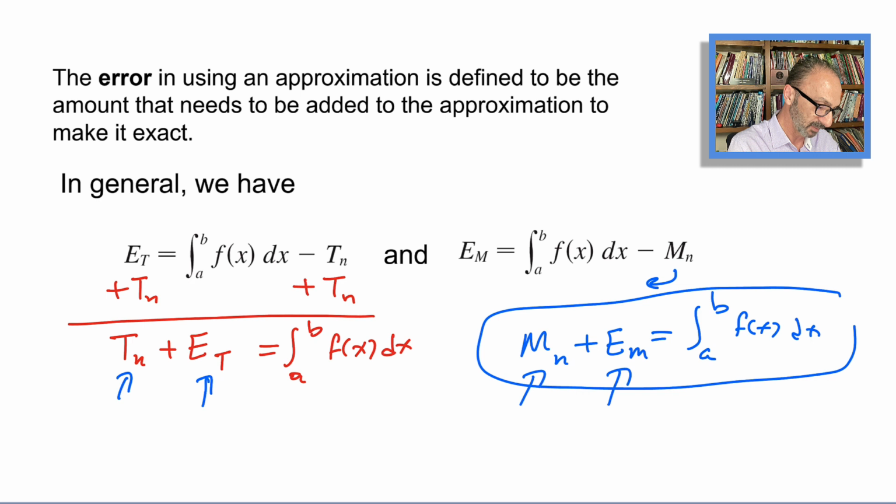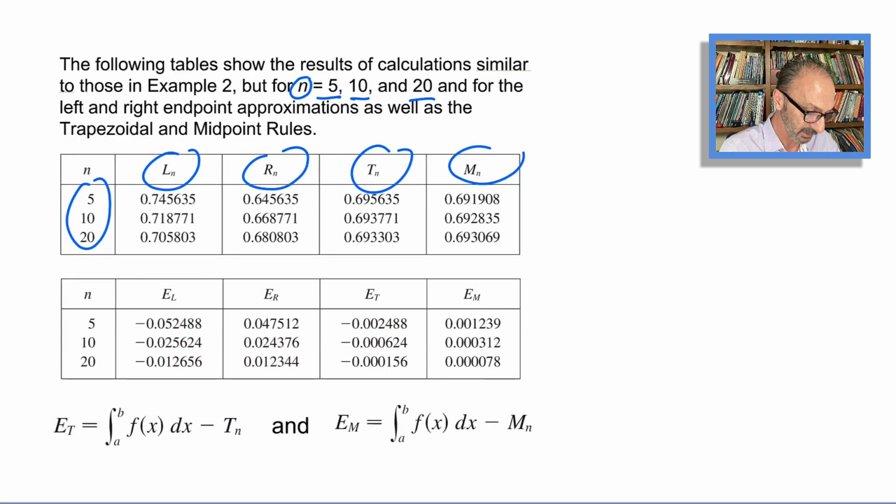So now we're talking about what type of error, how much is the error, and how accurate we could get by partitioning the interval into n subintervals. I'll show you some examples in the coming slides.